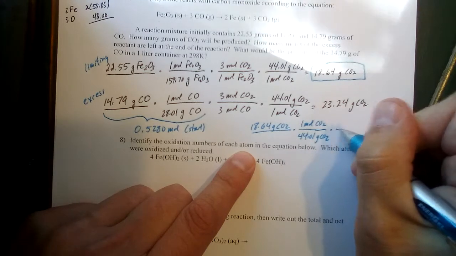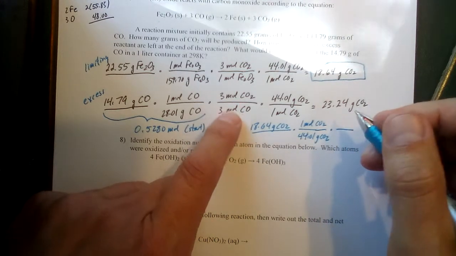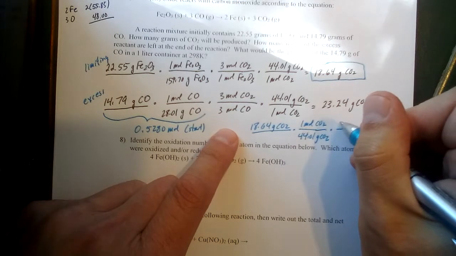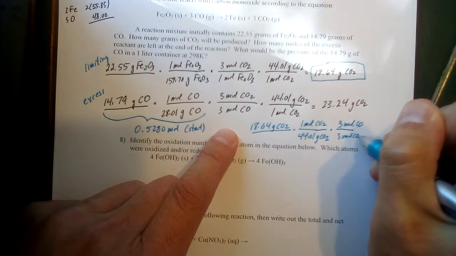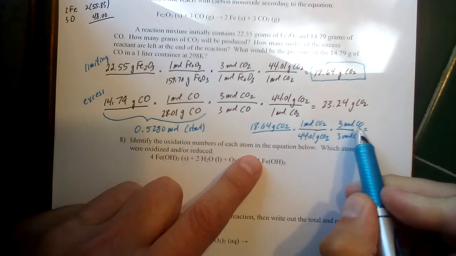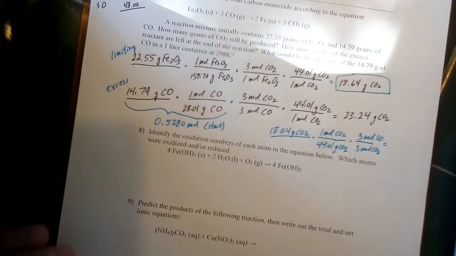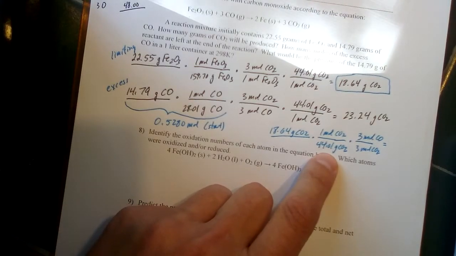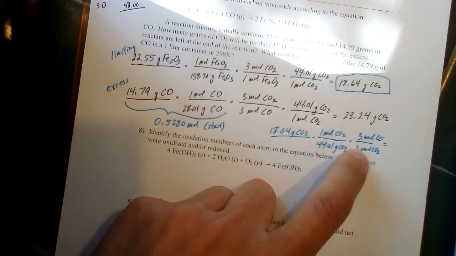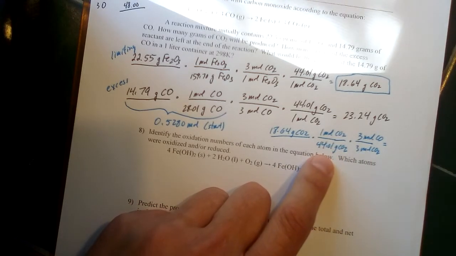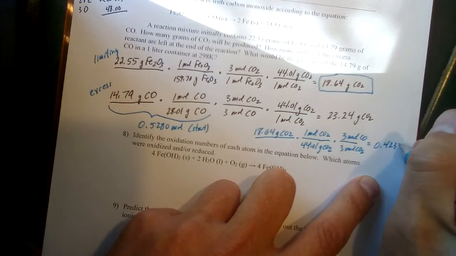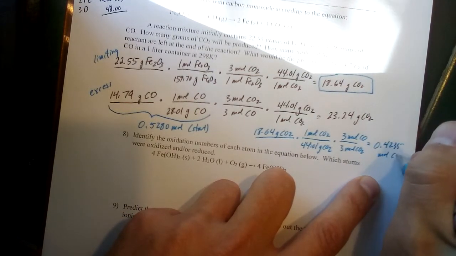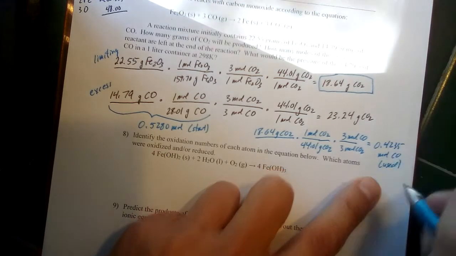From my balanced equation, 3 moles of CO2 for 3 moles of CO. So 3 moles of CO on top now, 3 moles of CO2 on the bottom. And that's what I want, is moles. So I can stop right there. 18.64 divided by 44.01, right? And then times 3 divided by 3, we just don't need to punch that in, is 0.4235 moles of CO, and that is how much was used.